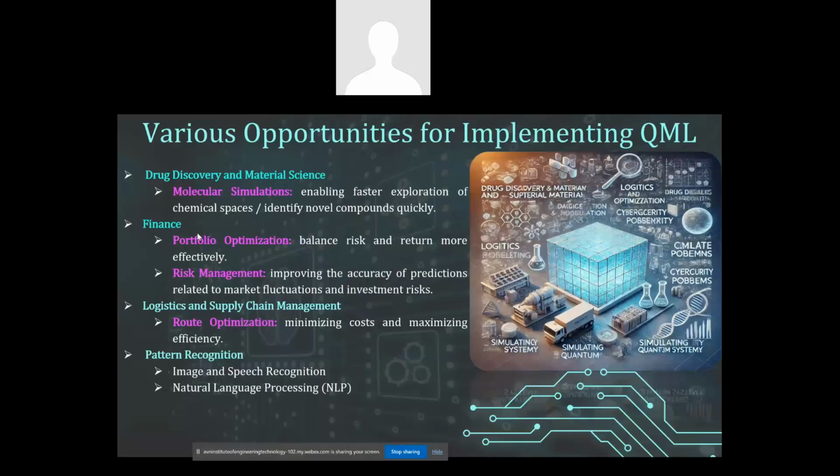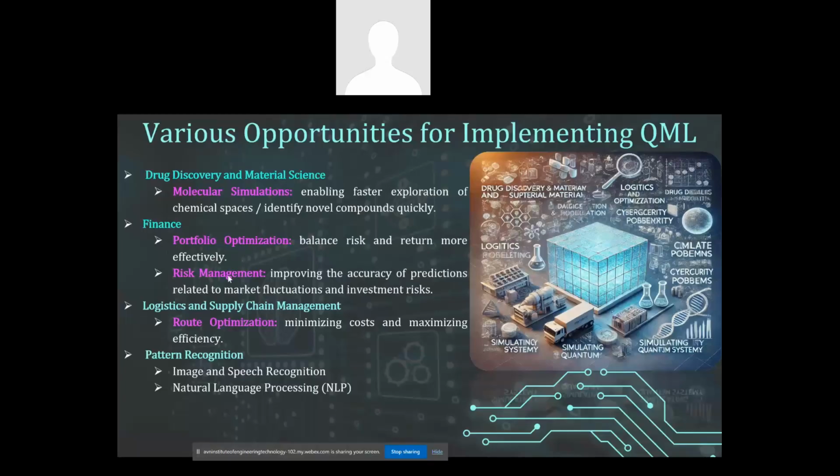Using quantum machine learning, these are all the different opportunities. In finance, we can utilize it for portfolio management and then risk management, right? Risk-wise, with a human or some algorithms, the accuracy is very low, and decision making is also very complex in those areas, right?